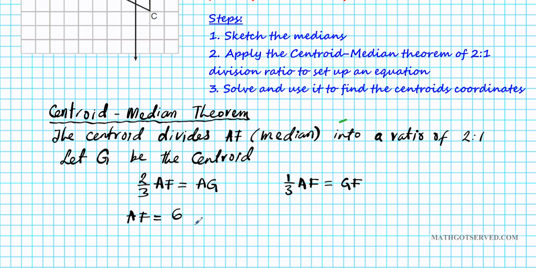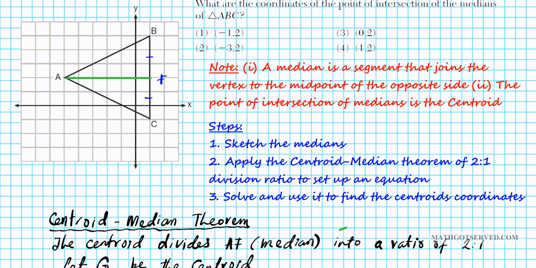That's given, right? So AG, the length from the vertex A to the centroid G, is going to be 2/3 of AF, which is 6. And then if you carry out the calculation, 2 times 6 is 12, over 3, which is 4. Okay, so AG is 4. So 1, 2, 3, 4.